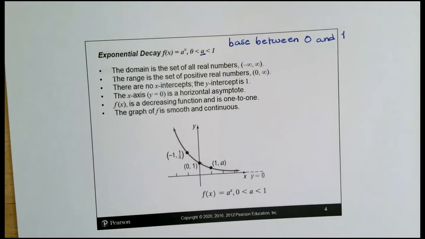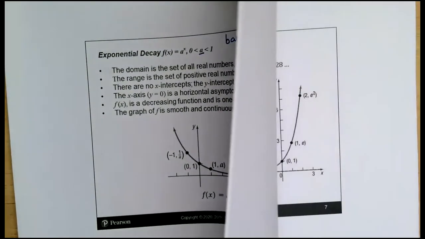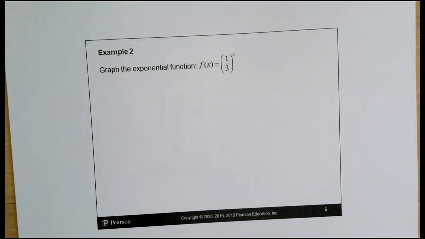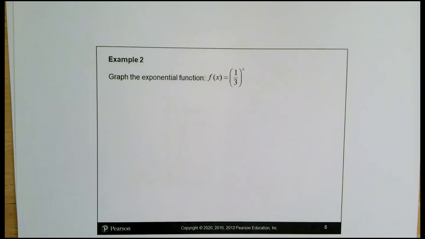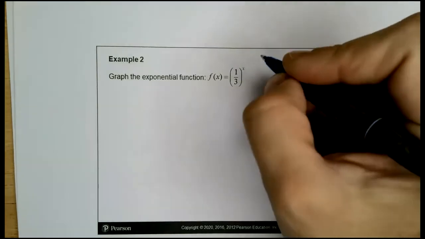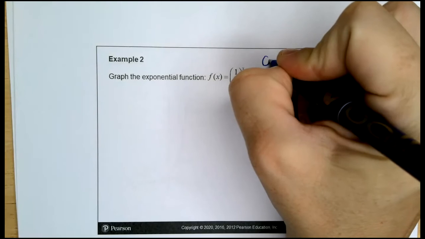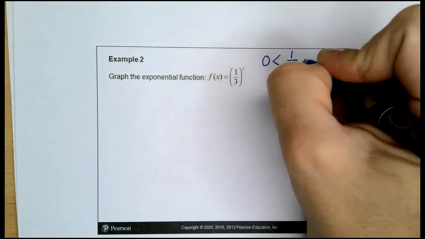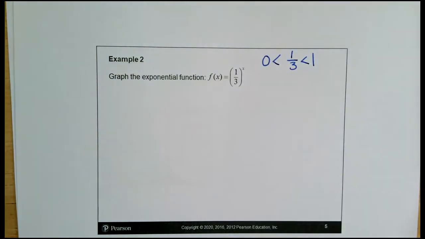All right, so let's now graph the exponential function of decay, (1/3)^x. So the other one was 3^x. Now we're at (1/3)^x. What we need to know about (1/3)^x is that the base, 1/3, is between 0 and 1. Okay? It represents decay because 1/3 is between 0 and 1.